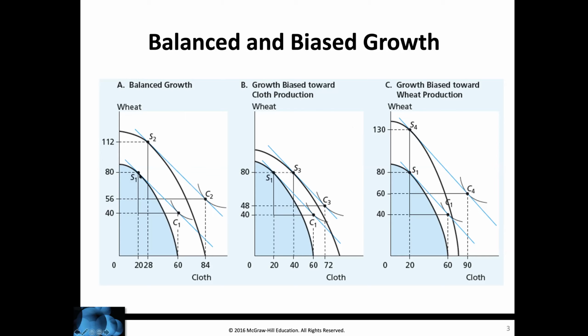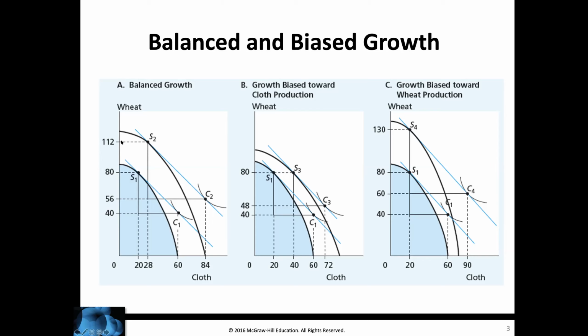And so we start with our production along the production possibility curve right here at S1. Here's our consumption at C1. You can see we're producing 80 of wheat and 20 of cloth. When this production possibility curve shifts outward because of growth, you can see now we've got here at S2 is where we produce.